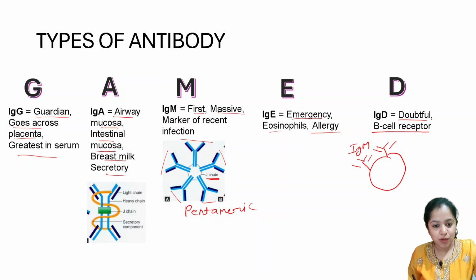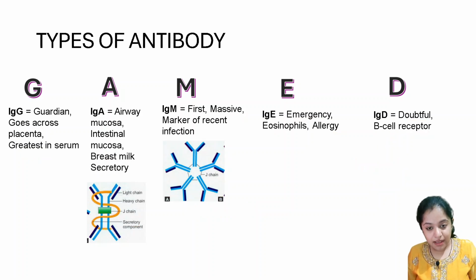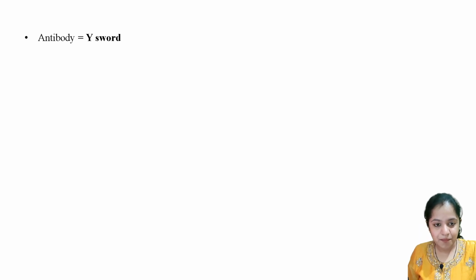That is two molecules, one immunoglobulin and a second immunoglobulin. They are held together by the J chain and also have the S, which is the secretory component. Understood? Clear?